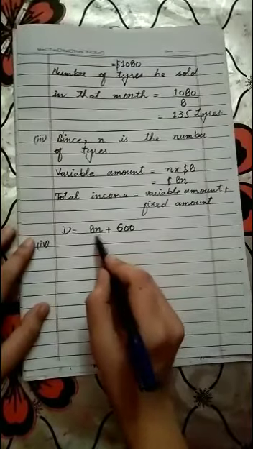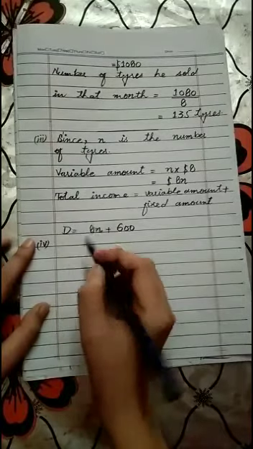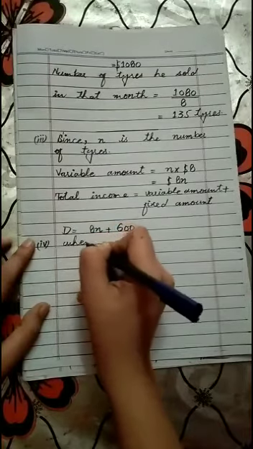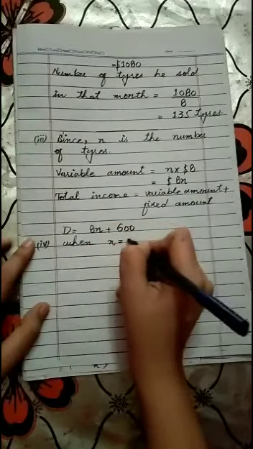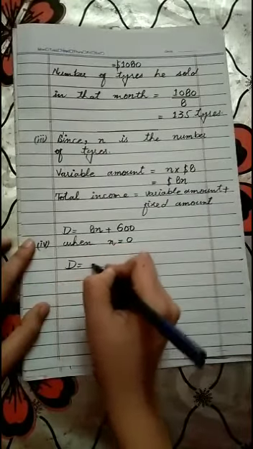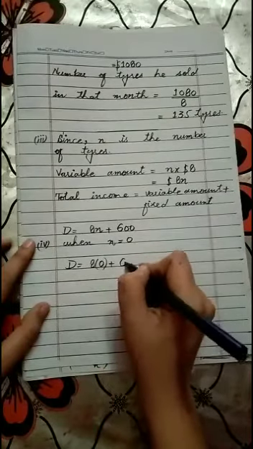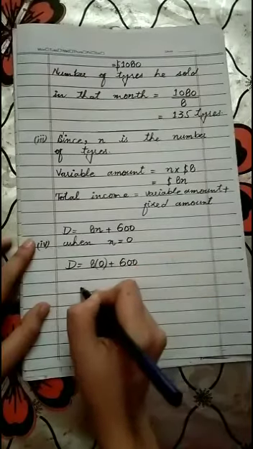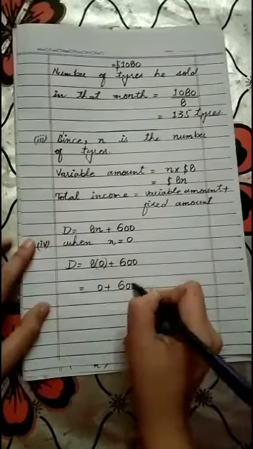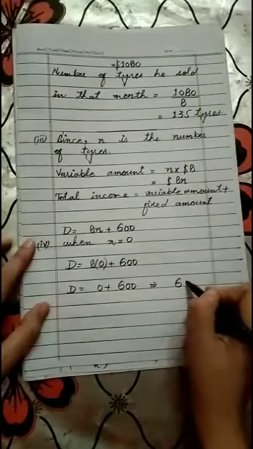We have to change the value of N, and we get a changed value of D. When N is equal to 0, we put 8N equal to 0, plus 600, 0 plus 600, then we got 600.